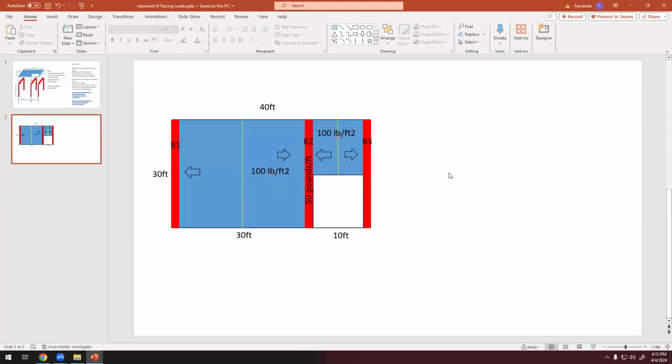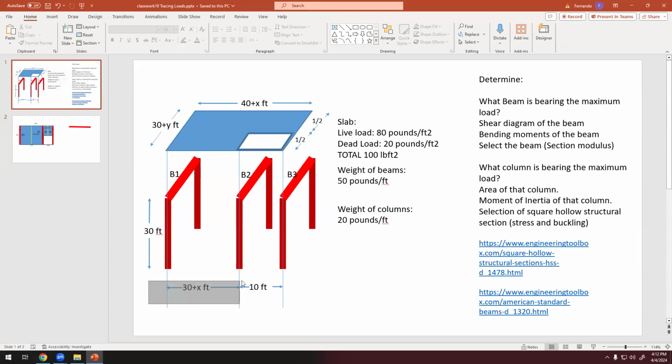Okay, so I'm going to have the beam. The length of that beam is 30.